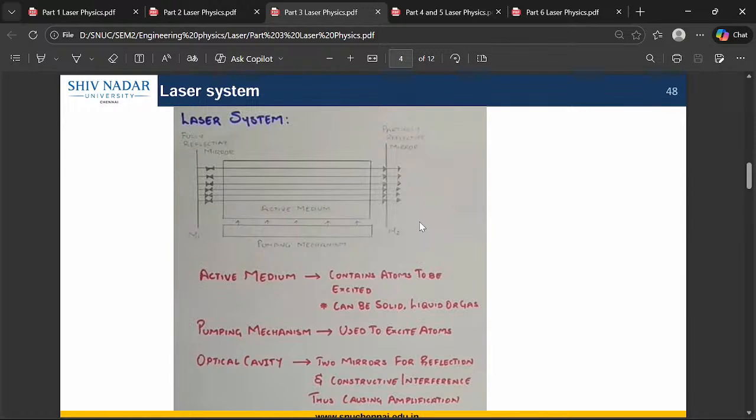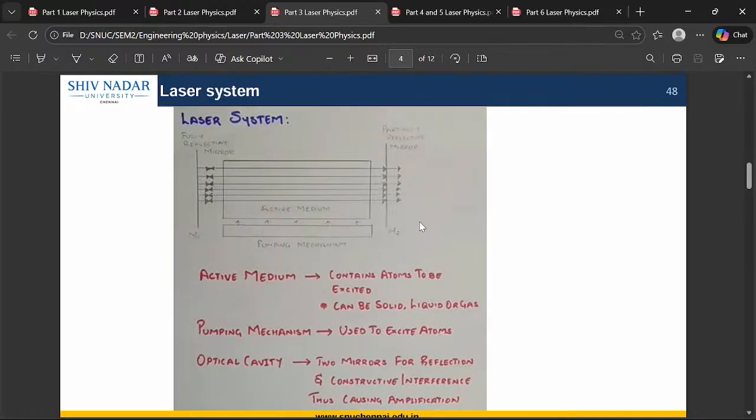The partially reflective mirror is not half reflective and half transmitting; it is more reflective but transmits a little, so the photons from the active medium can escape out.